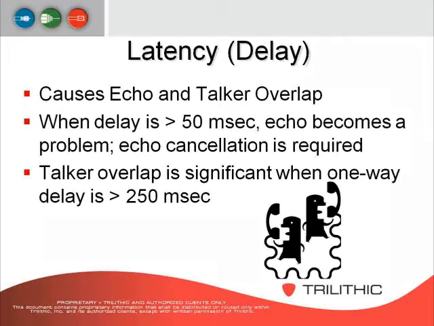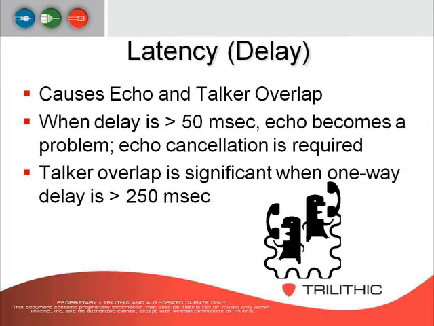So some of the parameters that showed up when we were looking at the different tests that you would run with the ACT server, one of them was latency. Latency is delay. Latency will show you how much time it takes for your voice to get to the end user.